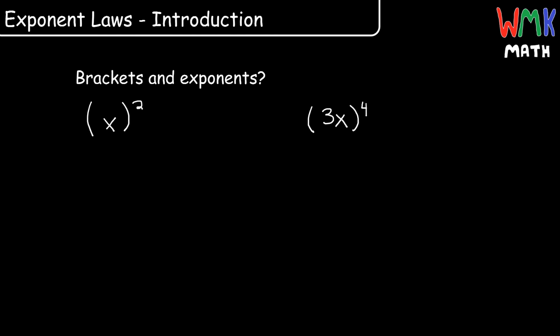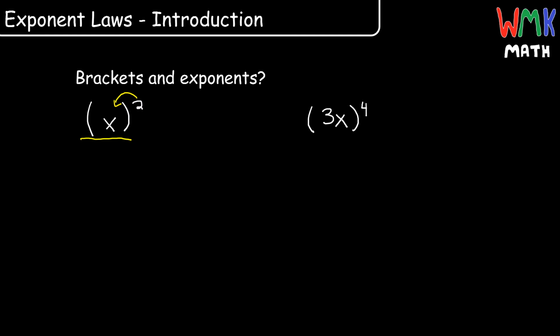Let's take this example. Now, if we have open bracket x, close bracket to the power 2, how do we write this? Now, if we have everything in brackets, so I've underlined everything, it means that whatever is inside this bracket gets multiplied twice, because whatever is completely inside of the bracket gets multiplied by the bracket and the exponent on the outside.